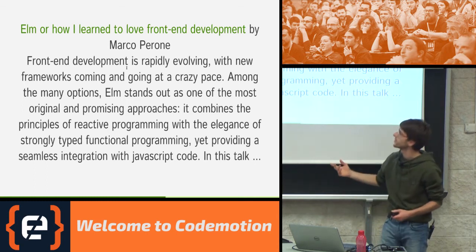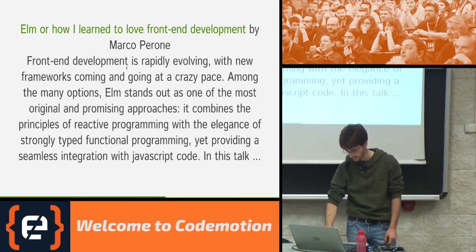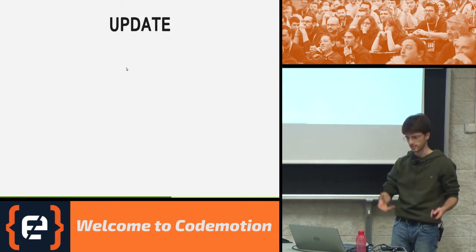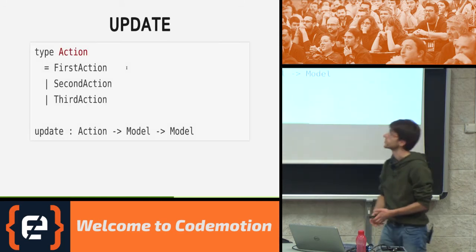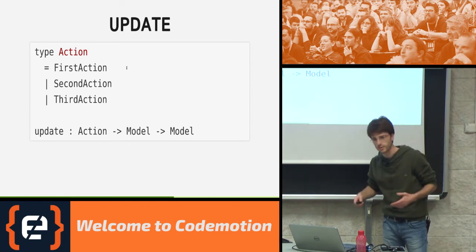But at this point, we cannot interact with it. We have nothing dynamic in our application. So to do this, we need to go to the update section. How does this work? In our application, we declare some actions that could take place.